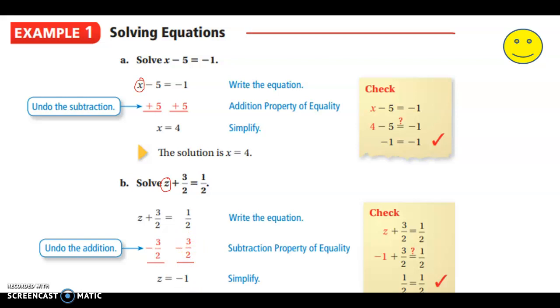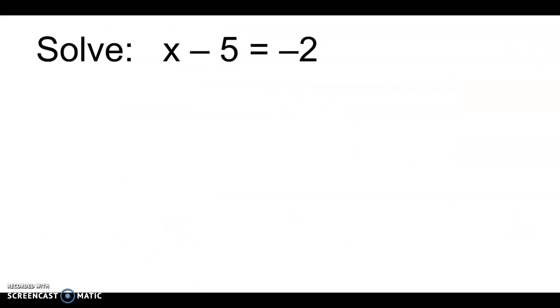All right, so let's turn the page in our notes. And let's go ahead, and I want you to try to solve this problem. The first thing I recommend is you circle the variable term. The variable term is the x. And you want to get rid of anything on the same side as the variable. So we want to get rid of that minus 5.